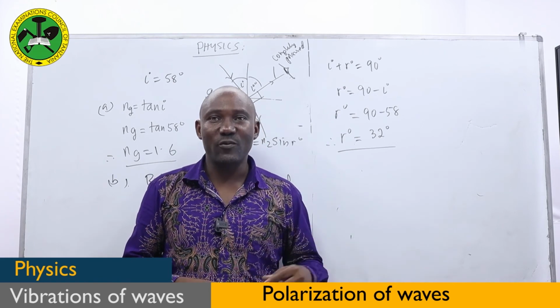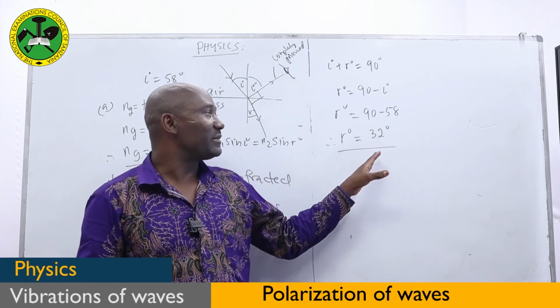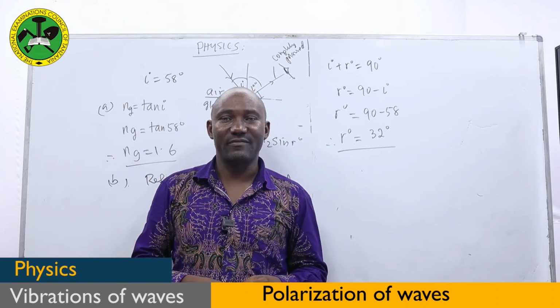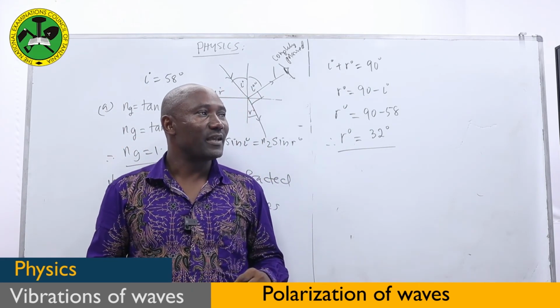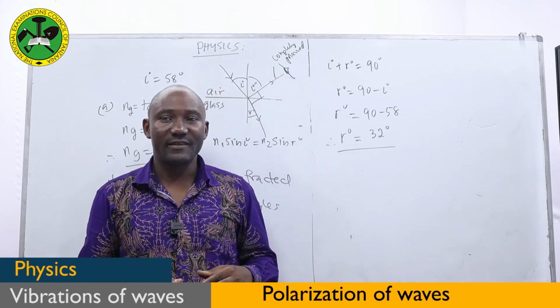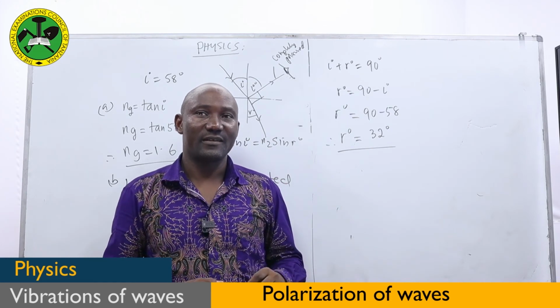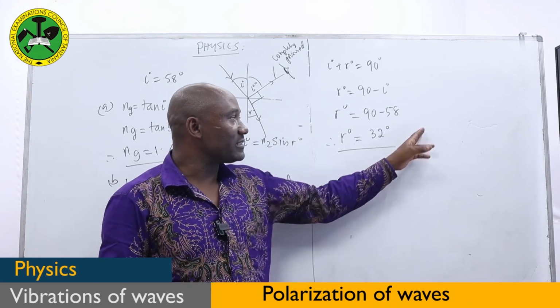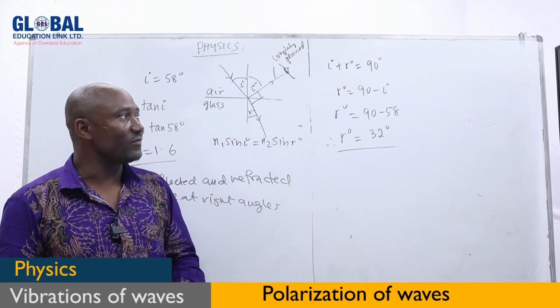To mention a few, this polarization concept is not just something we do in class; it has a lot of applications in your life. It can be applied in engineering, in industries, and sometimes in medicine. In industry, this concept of polarized light is used to determine fractures in metals.